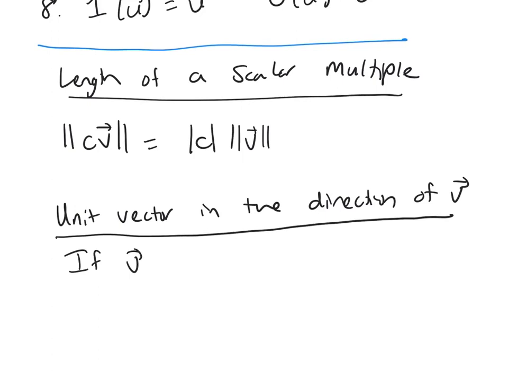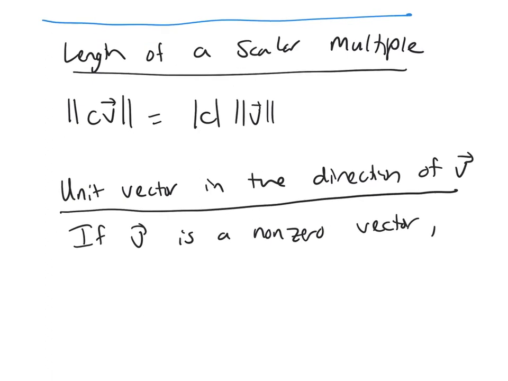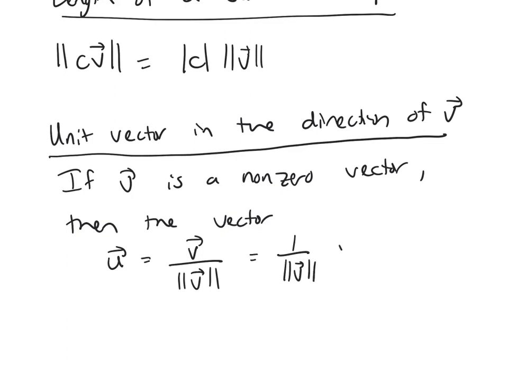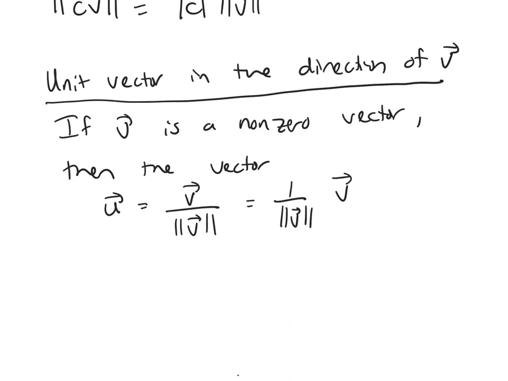If v is a non-zero vector, you have to start with a non-zero vector, then the vector u, which is going to be the vector v divided by its magnitude. Another way to think of this is the scalar multiple 1 over the magnitude of v times the vector v. This vector has length 1.